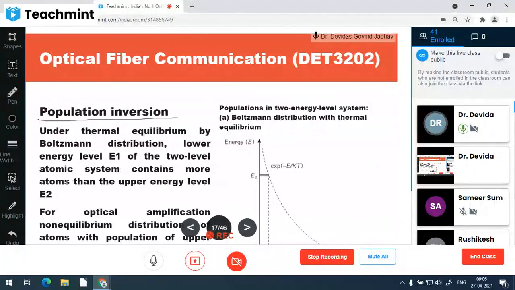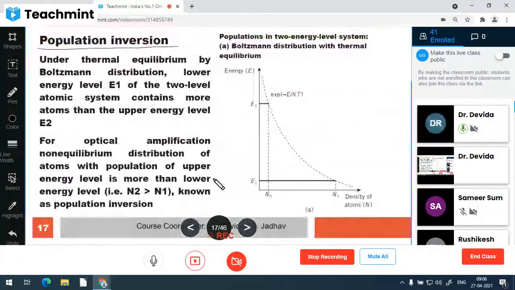So what is population inversion? That we will check, before going to stimulated emission. Population inversion can be explained with the help of this particular figure, graph. What is there in this graph is the Boltzmann distribution with thermal equilibrium.